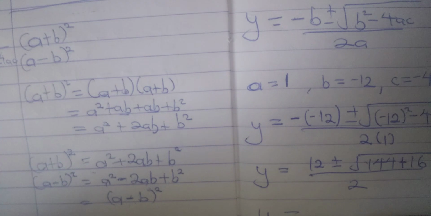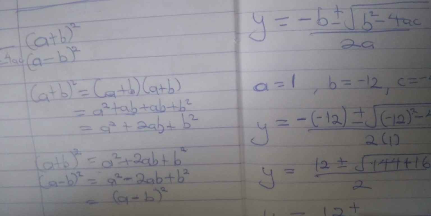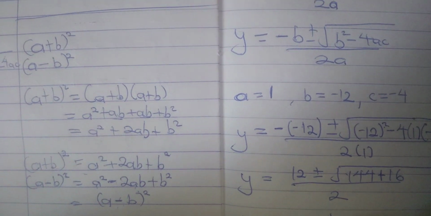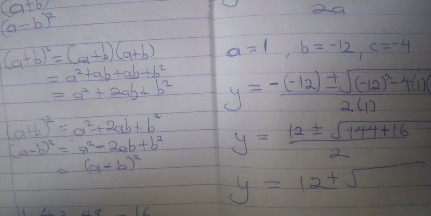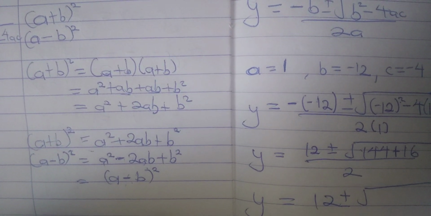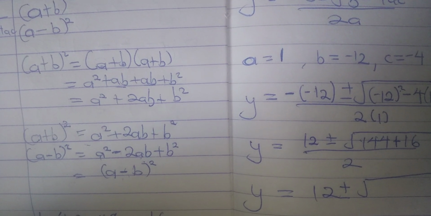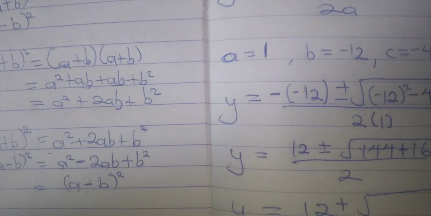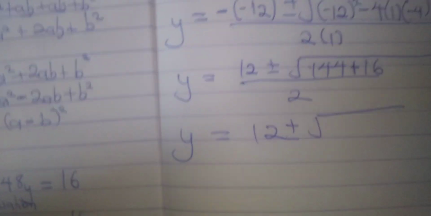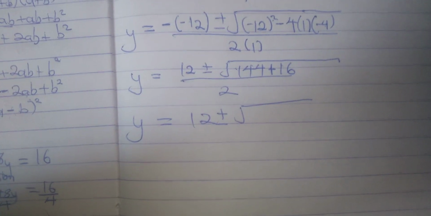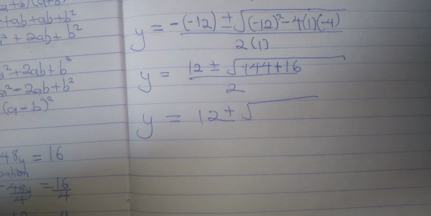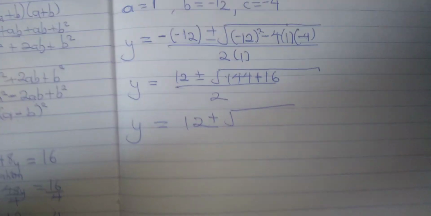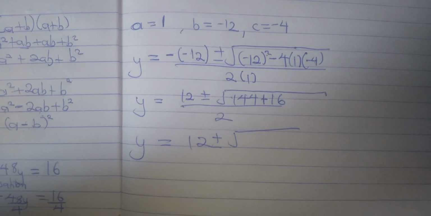So our y will equal 12 plus or minus the root of, when we sum up with that, what do we come up with? So you can use your calculators and make sure you finalize this number. From there, you first consider the positive and you get the first answer.